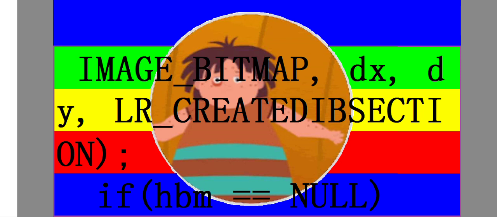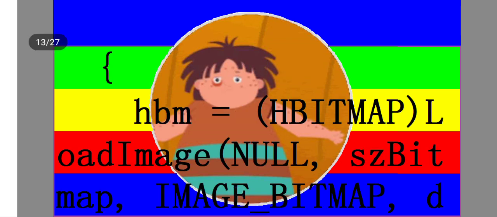If hbm equals NULL, that's false. hbm equals HBITMAP LoadImage NULL, szBitmap, IMAGE_BITMAP.